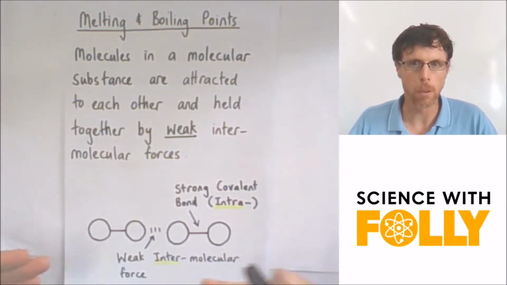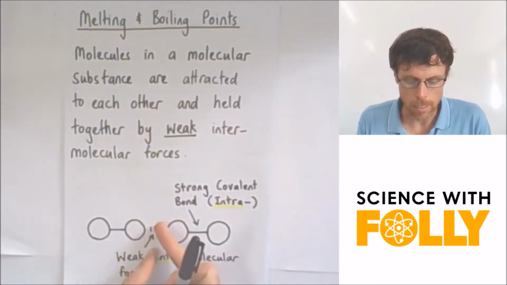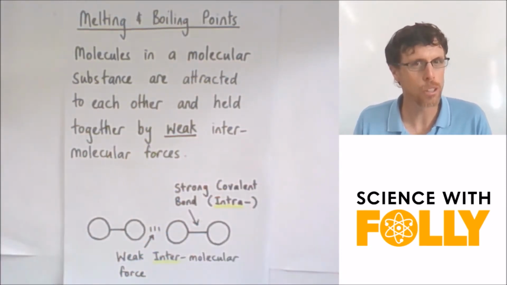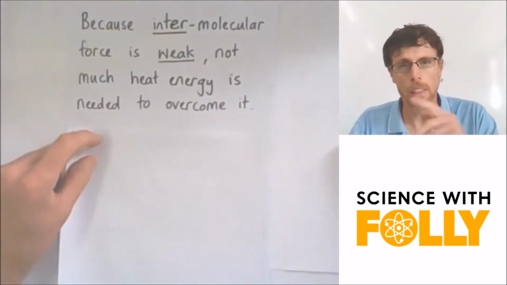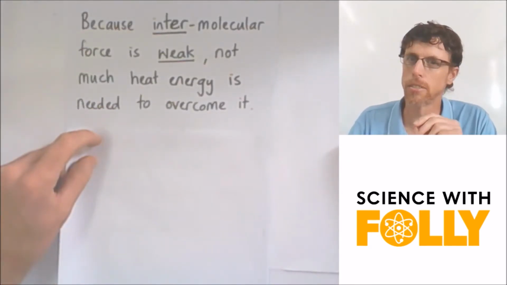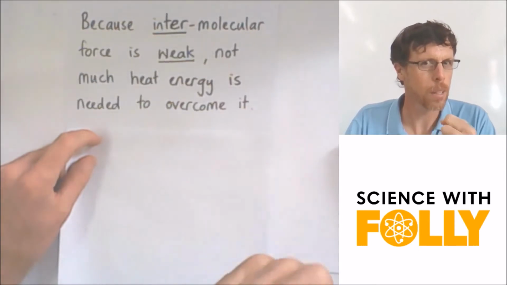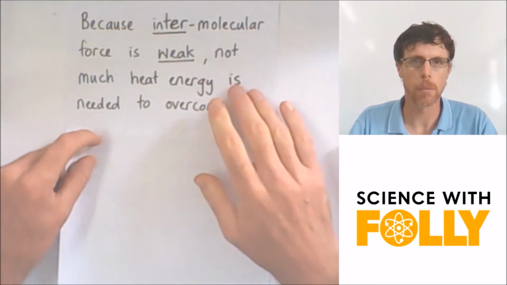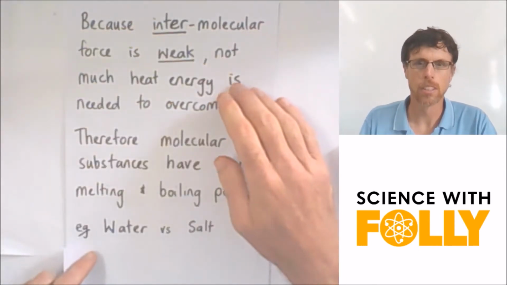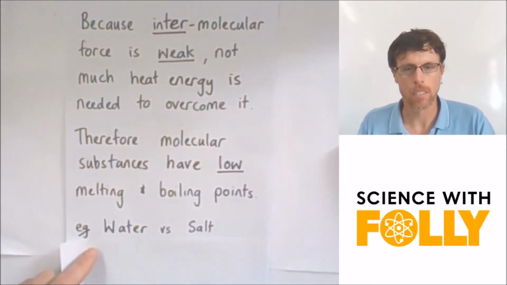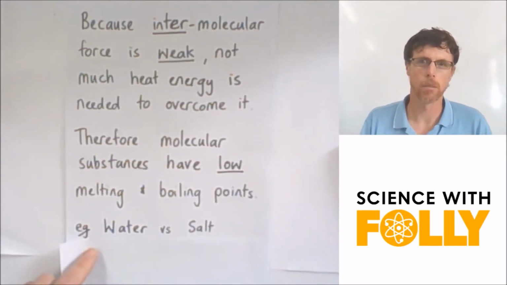But between the molecules, there are these weak intermolecular forces. And therefore, because intermolecular forces are weak, not much heat energy is needed to overcome them. Therefore, molecular substances have low melting and boiling points.